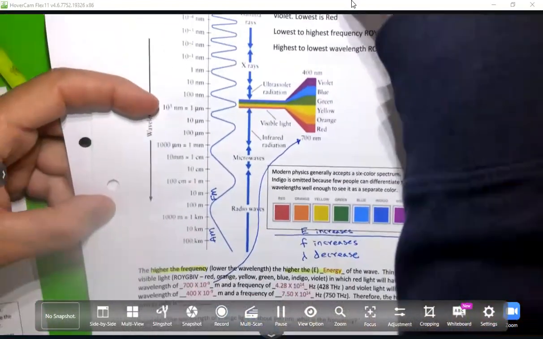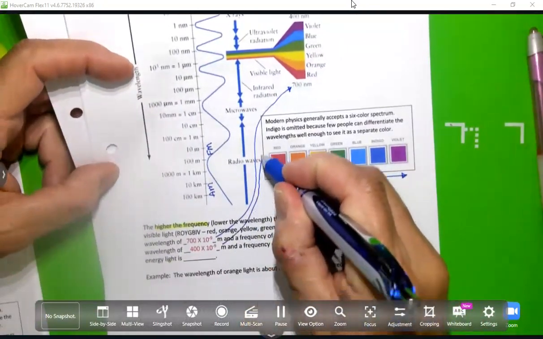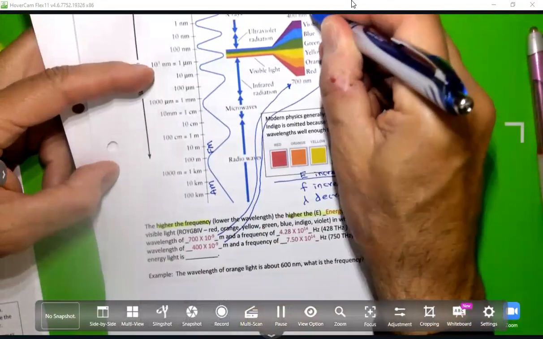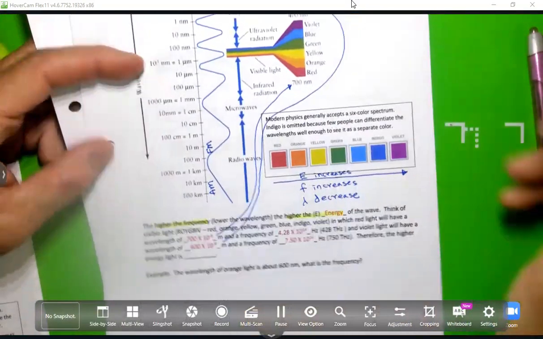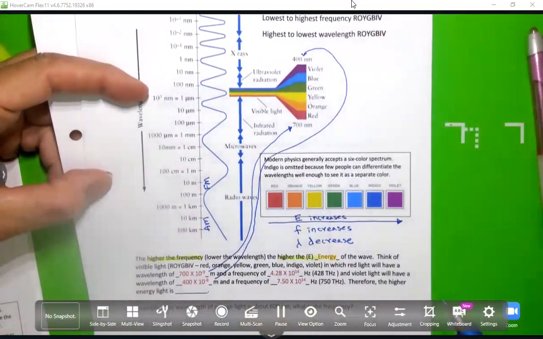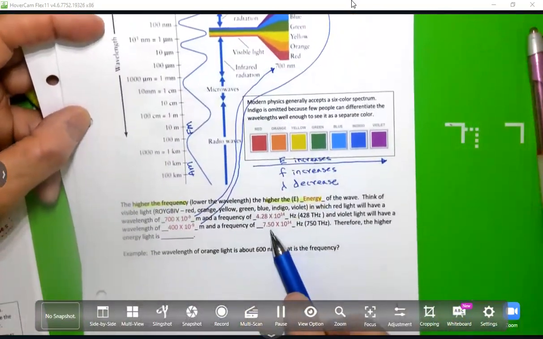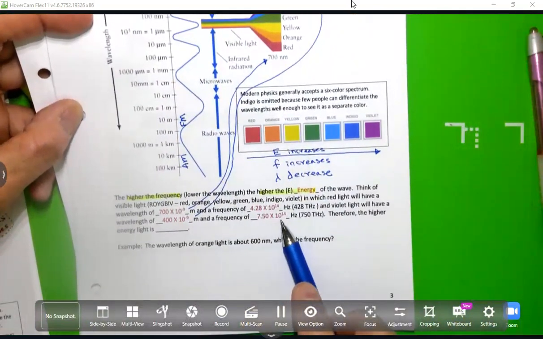So I'm going to draw an arrow up to that so you see what I'm talking about here. Frequency, 7.5 times 10 to the 14th hertz.